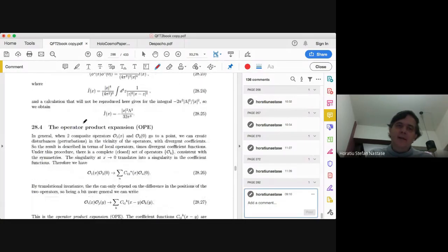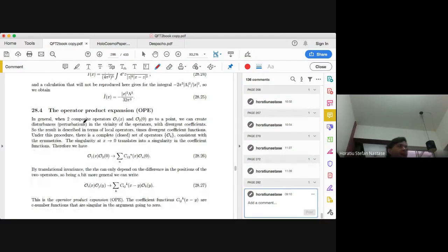But on the other hand, if I don't take a VEV, if I consider only the product of the operators, this is still an operator, right? That I can multiply with other operators or take a VEV of. So when two operators go together, on one hand I have a divergence.